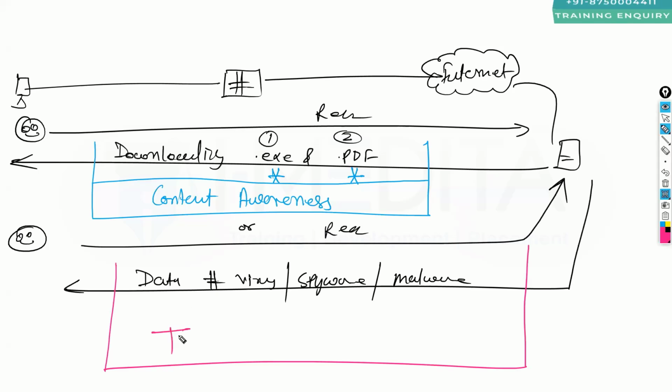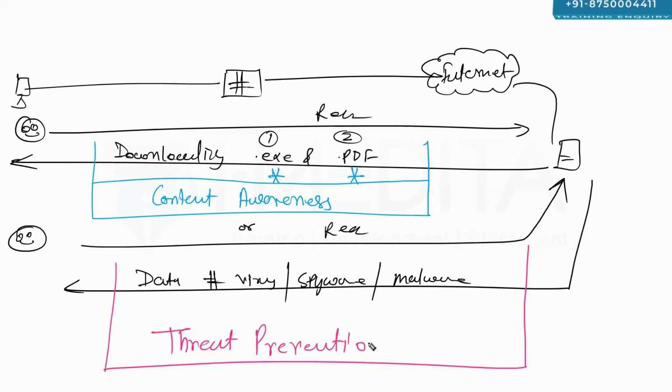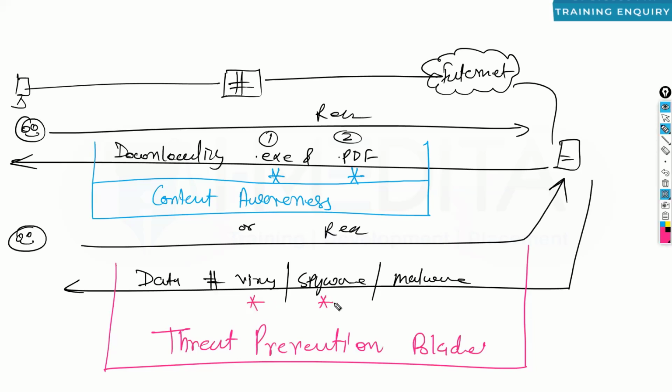To stop this threat, we need to enable the threat prevention blade. When we enable it, the firewall will check: if it is a virus, it will be blocked, spyware will be blocked, malware will be blocked.